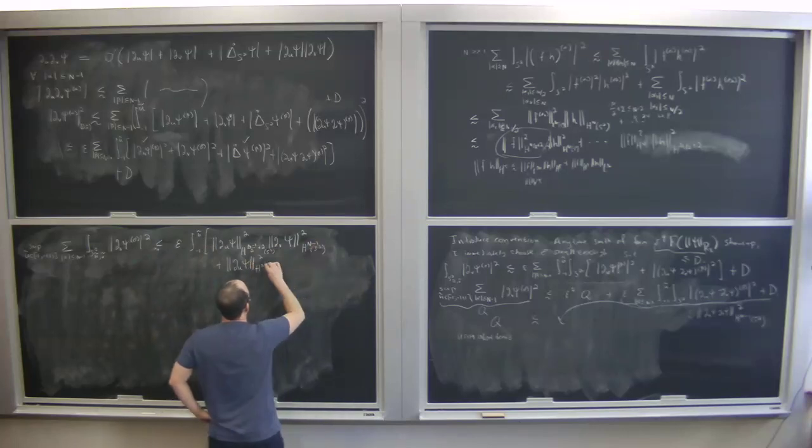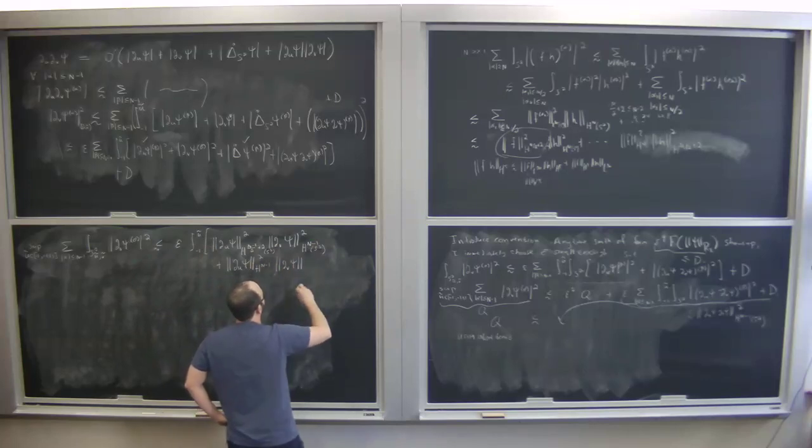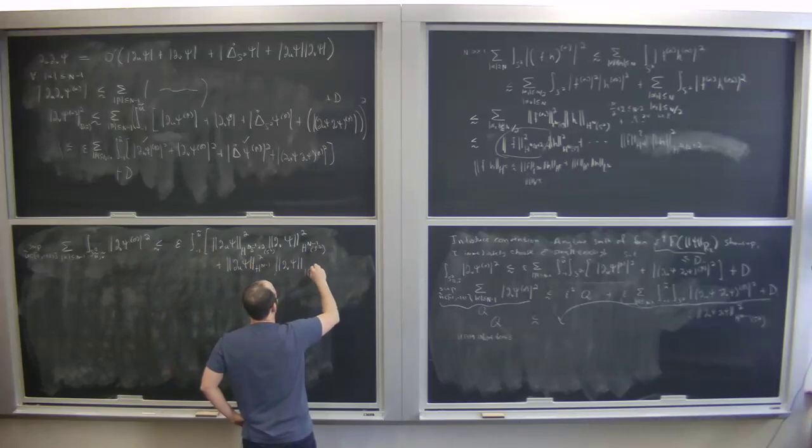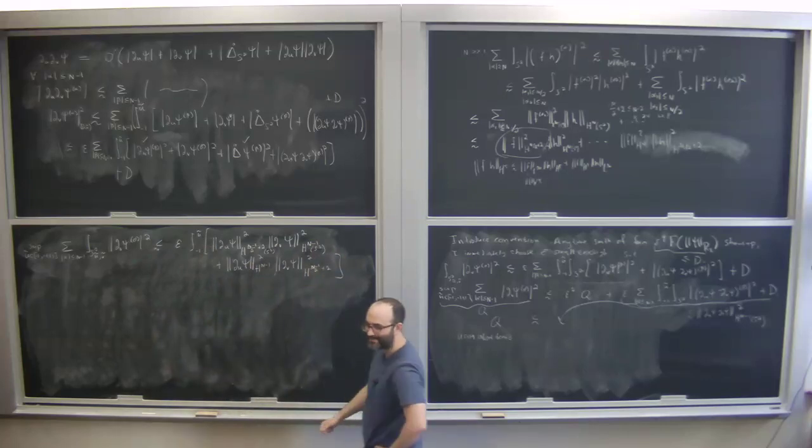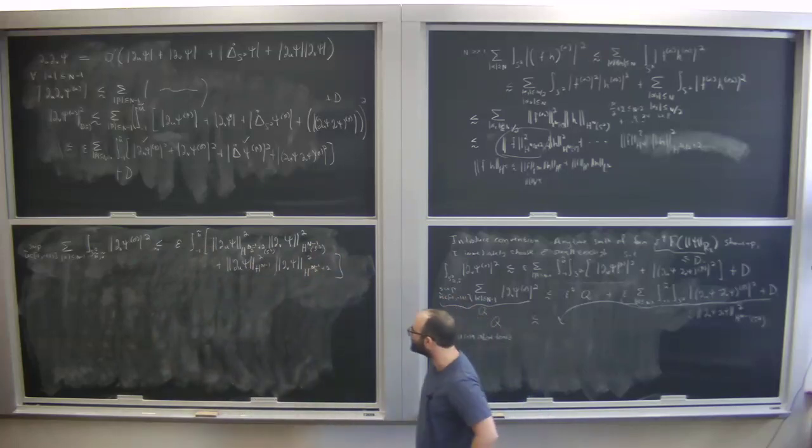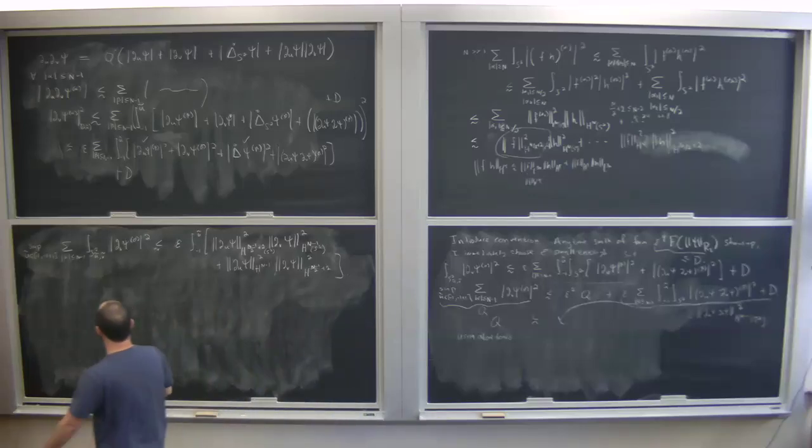No, this is -1. This is -1. H_{n-1} over 2 plus 2. Okay. Right? All right.